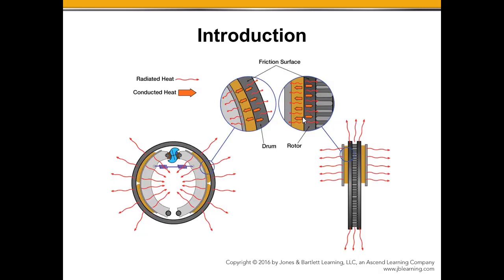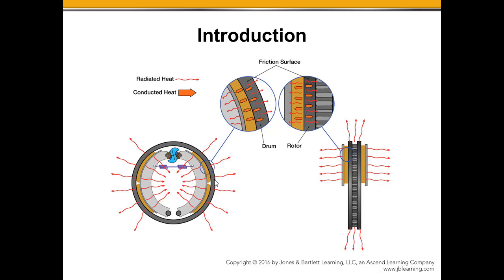So one of the things that we need to take care of or manage is the heat buildup in these components. The higher the heat buildup, the less heat differential, temperature differential, between our brake shoes and our brake drum.